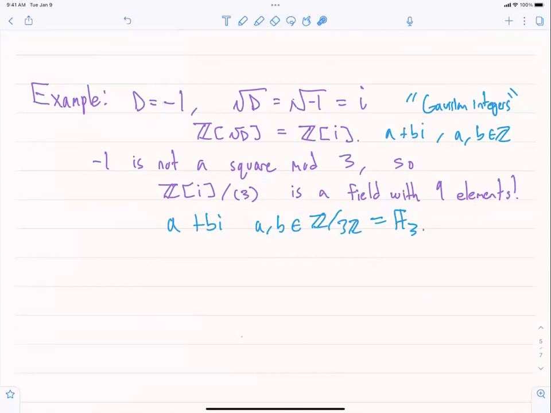Here we do it in a different way, but we really get the same thing. On one of your exercises, you'll write out the multiplication tables for this and for the other thing we looked at, and you'll see that you get the same thing. Okay, but let me stop there for today, and I'll see you in class on Thursday.